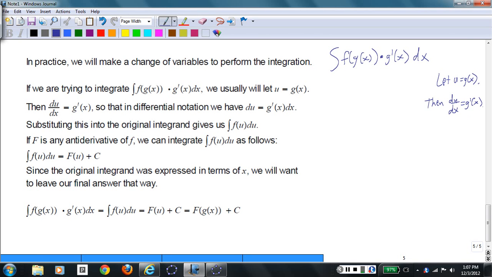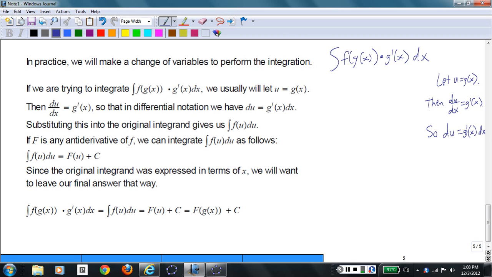Then, to make it substitute more cleanly into the integrand, we'll write this using differential notation. If I think of du over dx as a fraction, like when we talked about differentials, and multiply both sides by dx, we have du equals g prime of x dx.